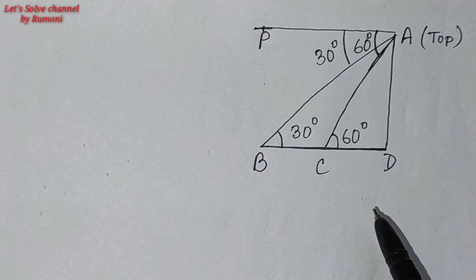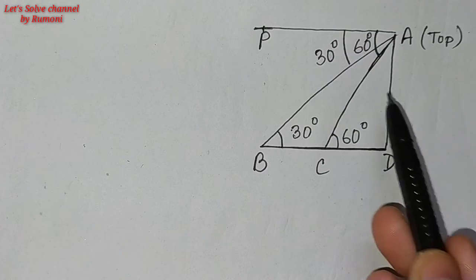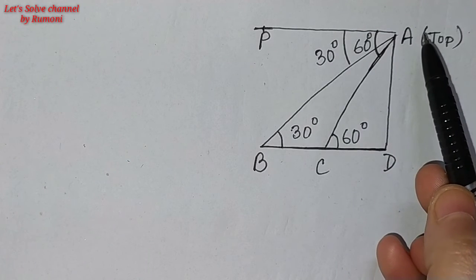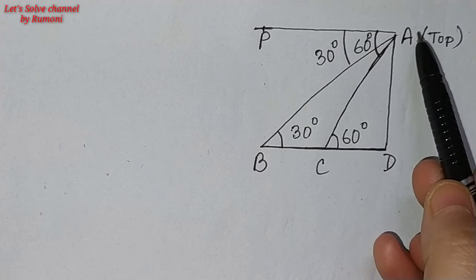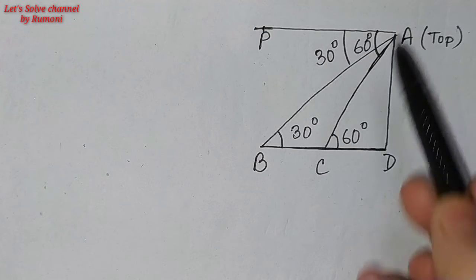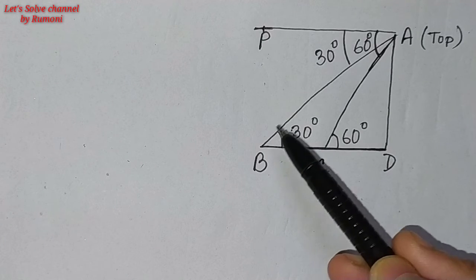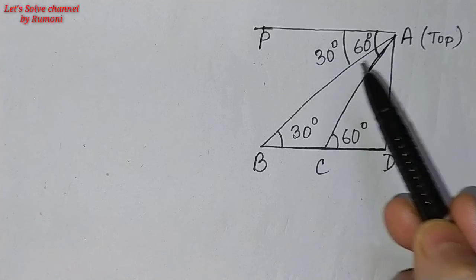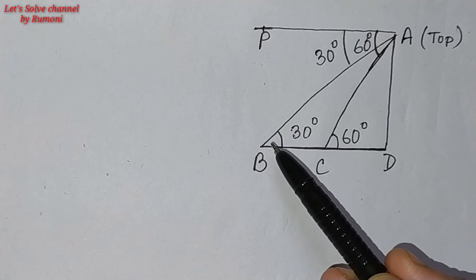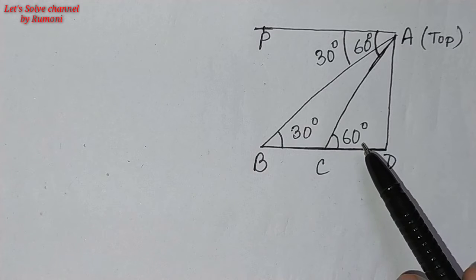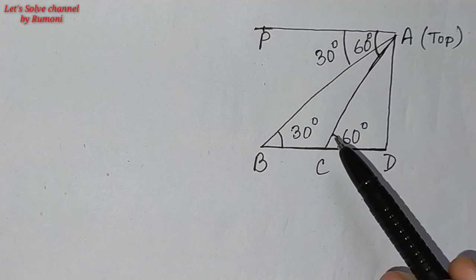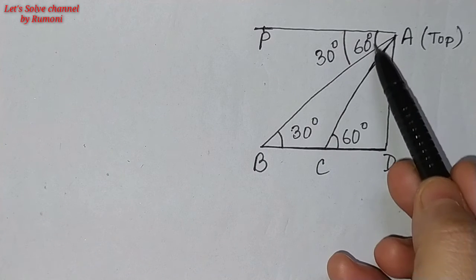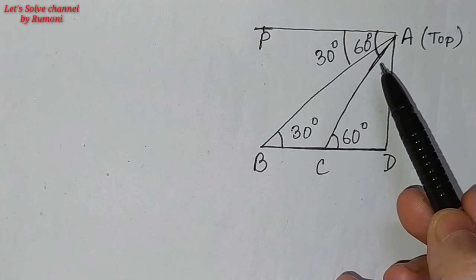So this one I have drawn roughly. You have to draw it by scale and use pencil in exam. So students, it is given that a man is standing at the top of the tower and he observes a car at an angle of depression 30 degree, and that means this car is approaching towards the foot of the tower, and at this point it makes angle of depression as 60 degree.